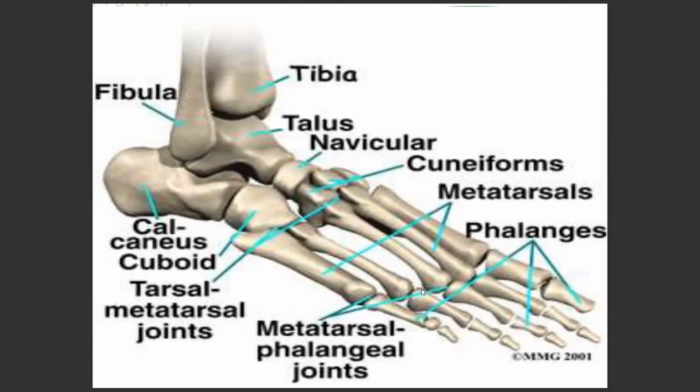These are the metatarsophalangeal joints, and these are the tarsometatarsal joints, while this is the intertarsal joint. This is the subtalar joint, while this is known as the ankle joint, which will be discussed in the upcoming slides.